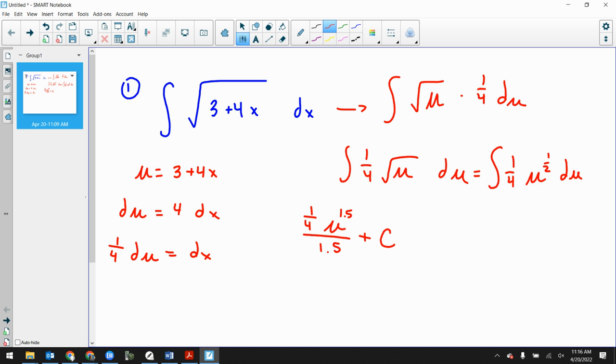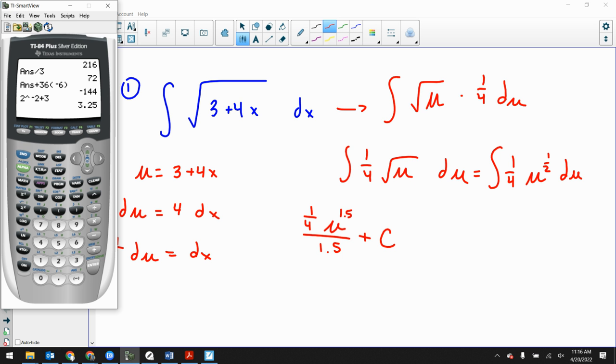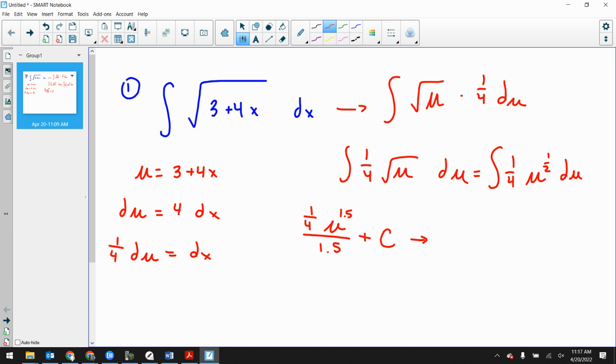Now, I'd like you to reduce down the coefficients in front. That would be nice if we could do that. So 1/4 divided by 1.5. As a decimal here, 0.16. As a fraction, that looks like it's 1/6. So that's going to turn into 1/6 u to the 1.5 plus c.